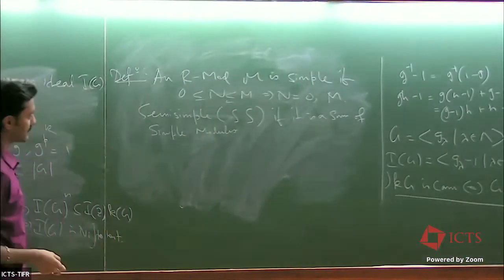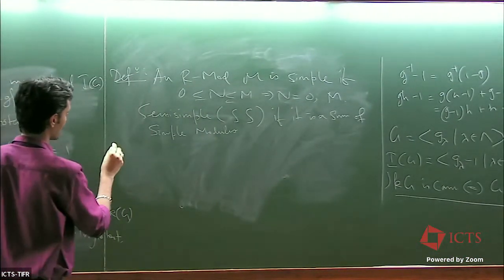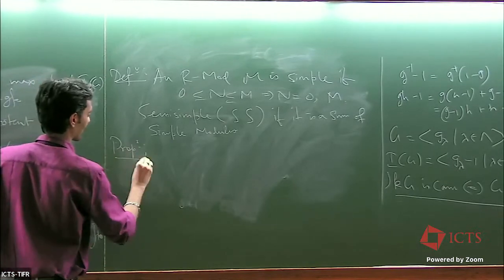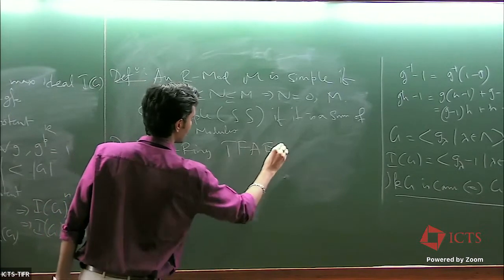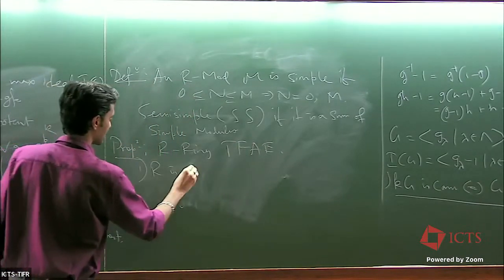Now, with some Zorn's lemma kind of argument, one can prove that for a ring R, the following conditions are equivalent. Number 1, R is semi-simple.